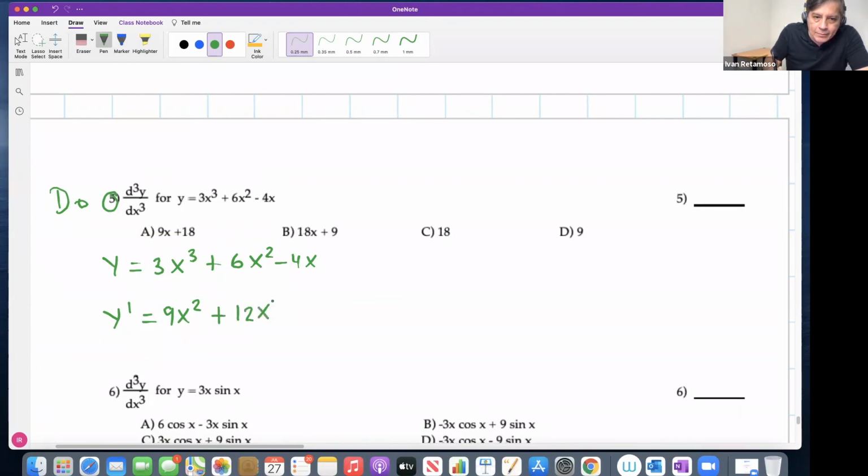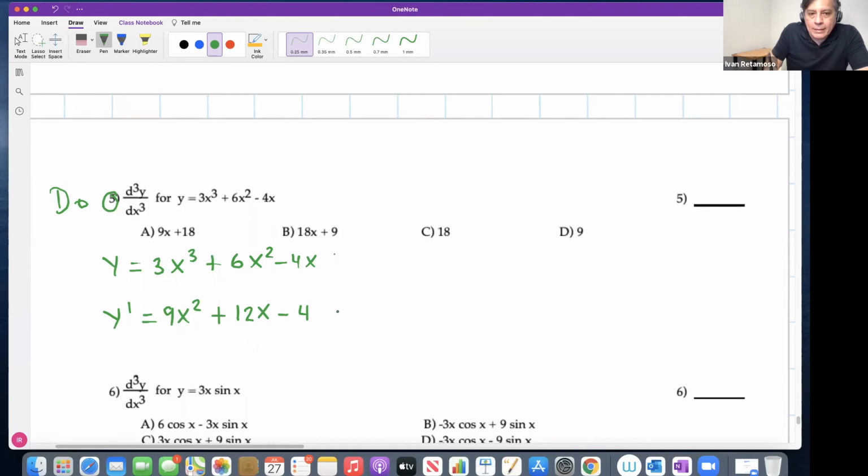X stays with one less as exponent, 1, but remember, when the exponent is 1, mathematicians don't write it. So just 12x. Now minus the derivative of 4x. 4 comes out as a constant. Derivative of the identity function x is 1. 4 times 1 is 4, right? Good.